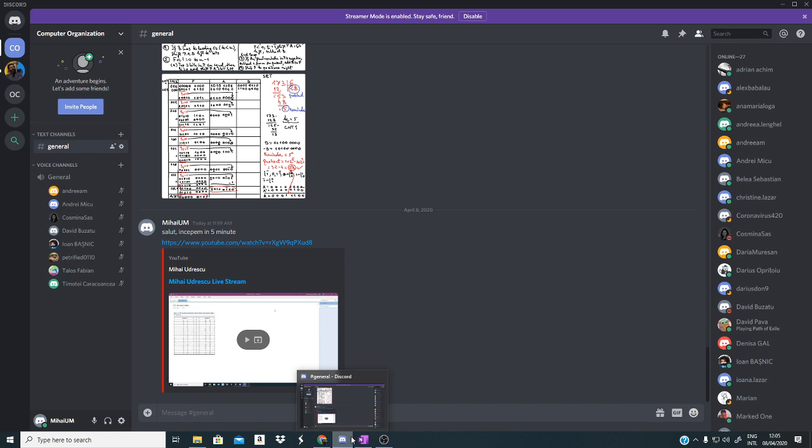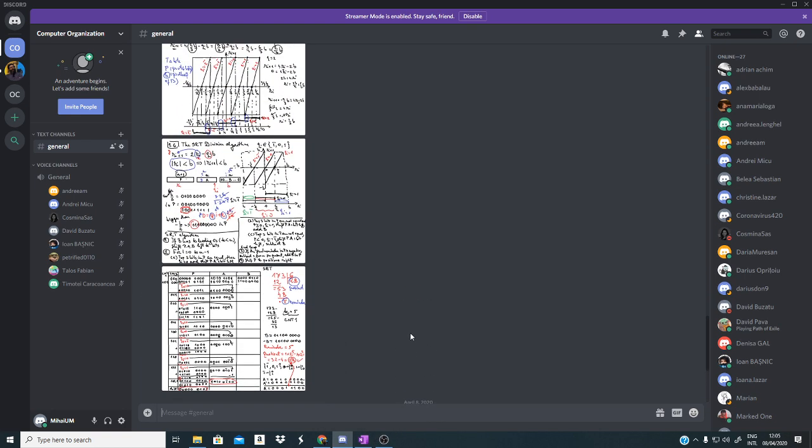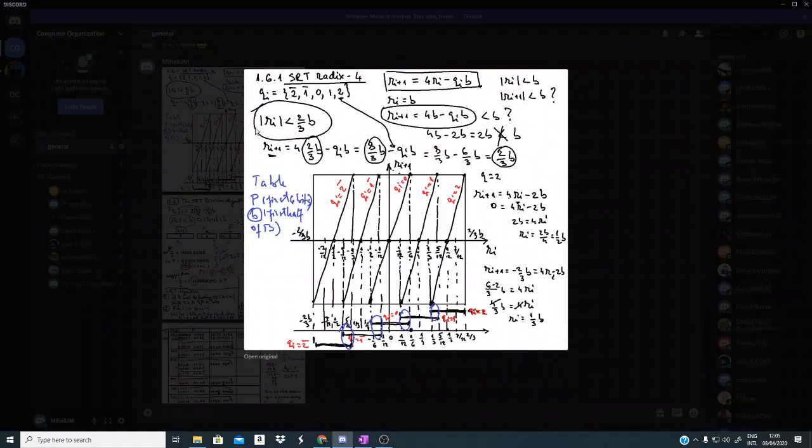So, cursul nostru de astăzi. So, last week we ended with this graph showing how to pick the quotient digits in the SRT radix 4 algorithm, right?